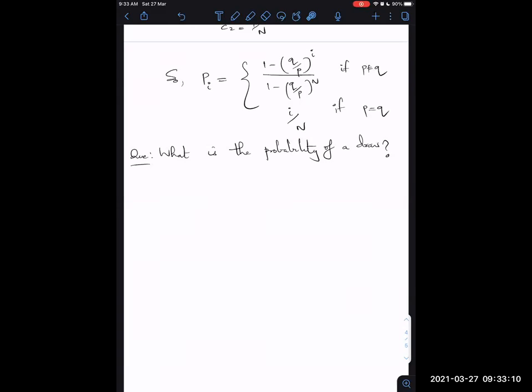So now the probability that A wins is I over n. The probability that B wins is n minus I over n.